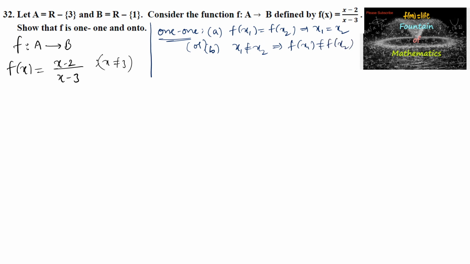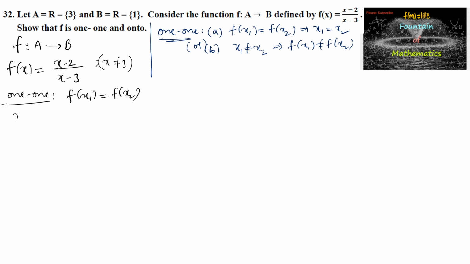So let us consider for 1 to 1, the first definition. Consider f of x1 is equal to f of x2.